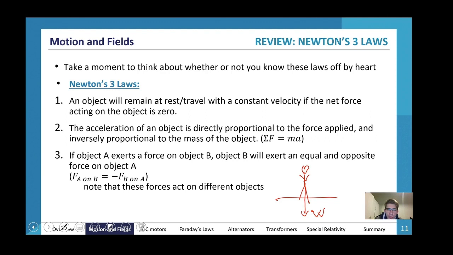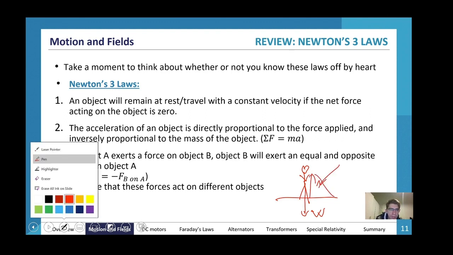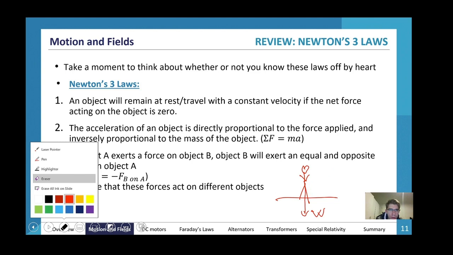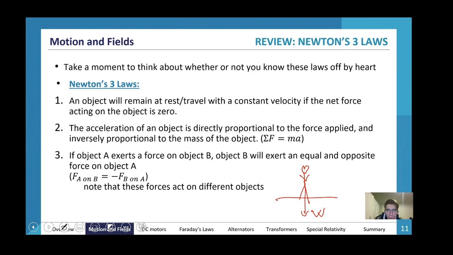A lot of you would say, oh, it's the normal force. And that is the wrong answer. The reaction force of the weight force on you is also a weight force. It's the weight force that you apply on the earth upwards.